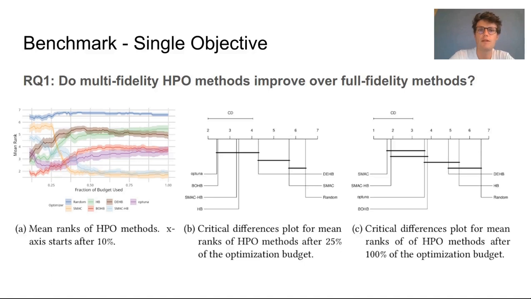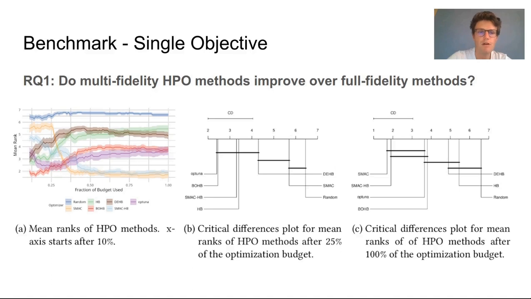To give you a better picture of what kind of research questions you can answer, we answer two simple research questions. First, in the single objective case, do multi-fidelity HPO methods improve over full fidelity methods? We compare random search, hyperband, differential evolution hyperband, Optuna, SMAC, Bob, and SMAC hyperband.